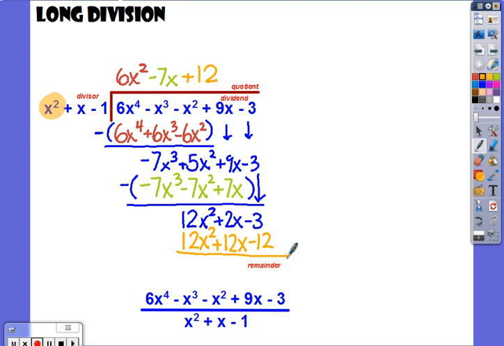And I think I get, oh, remember we're subtracting. Subtract. And I get no x squareds. I think I get negative 10x.